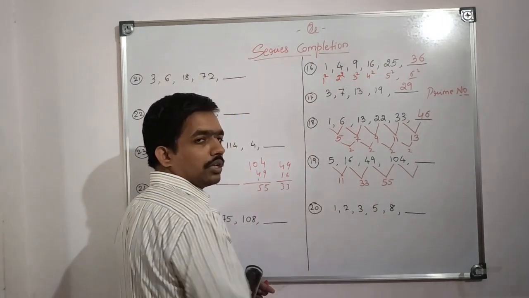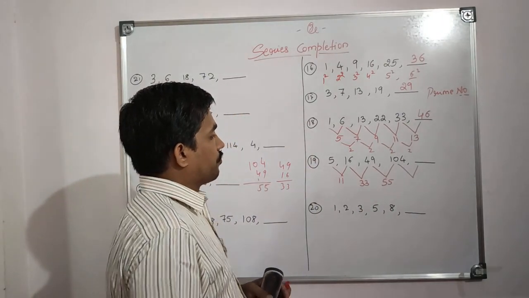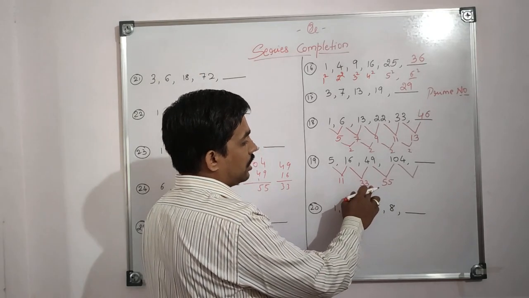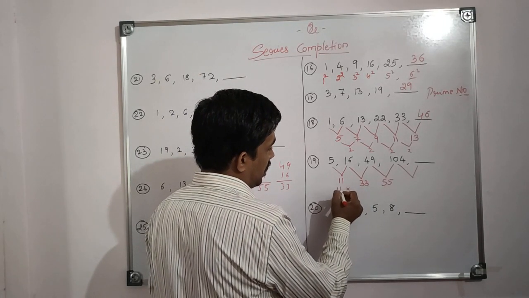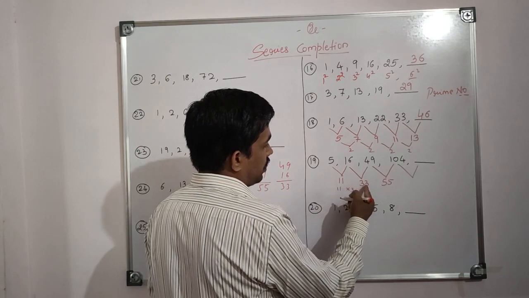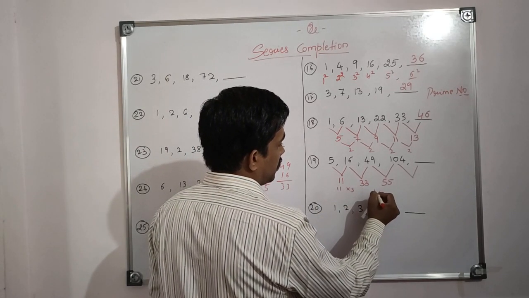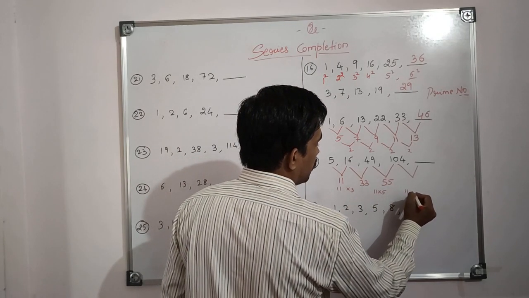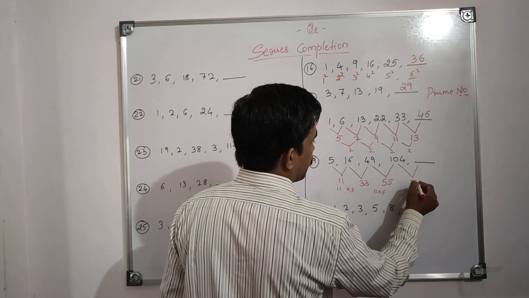And which number should come here in differences? So see here, 11 threes are 33. It means 11 into 3, 33. And this is 11 into 5, 55. And now it should be 11 into 7.